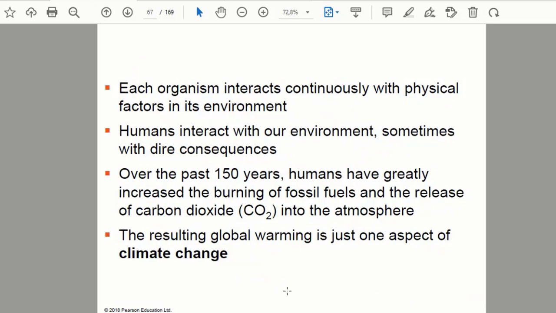So each organism interacts continuously with the physical factors in its environment. Humans, for example, interact with our environment sometimes with dire consequences. For the past 150 years, humans have greatly increased the burning of fossil fuels and release of carbon dioxide into the atmosphere.